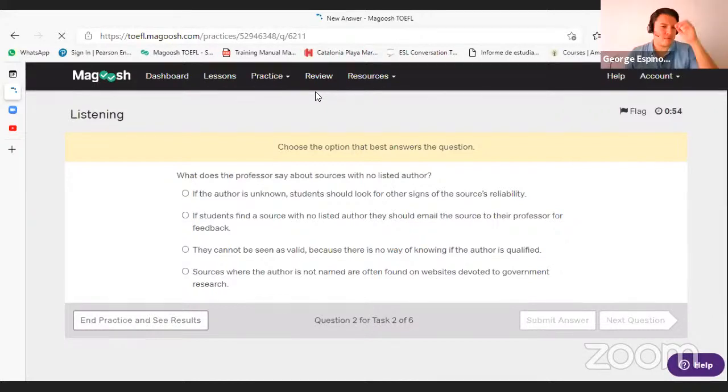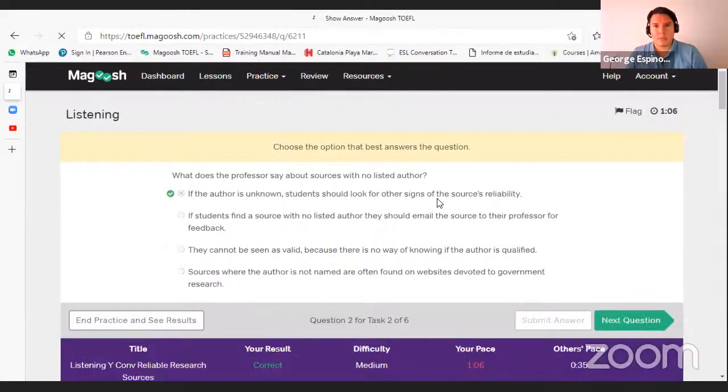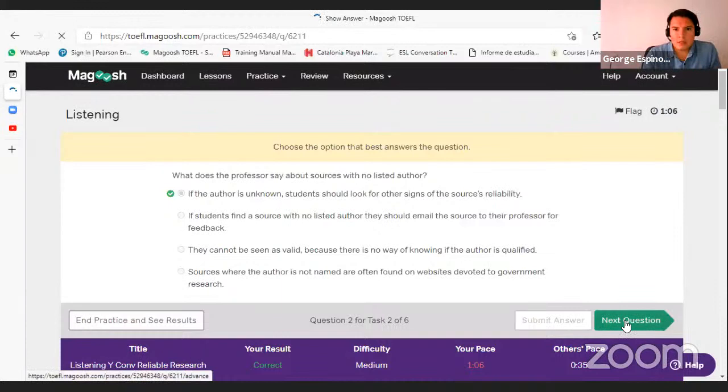All right, it does sound like the first one is right. So let's go for that one. All right, very good. Because they do mention the sponsors of sources.